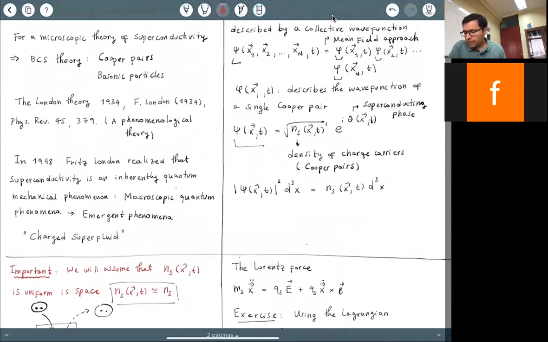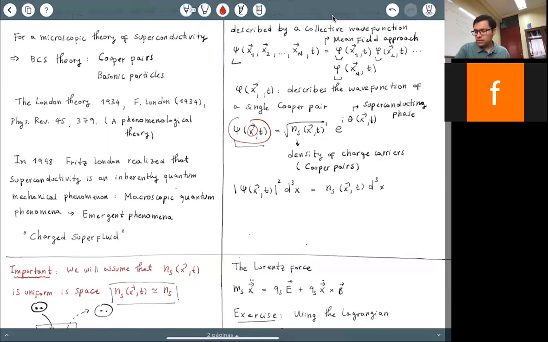Notice that in this equation you see a single x. Right now we are describing the system like a single Cooper pair, but of course there are many. You can think about this in terms of the center of mass of the collection of particles.